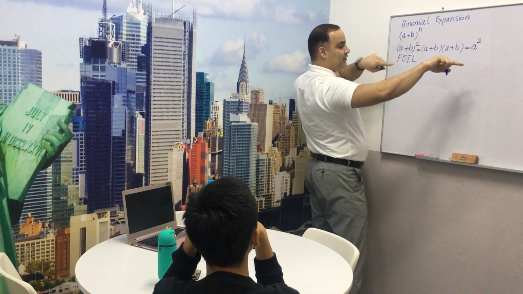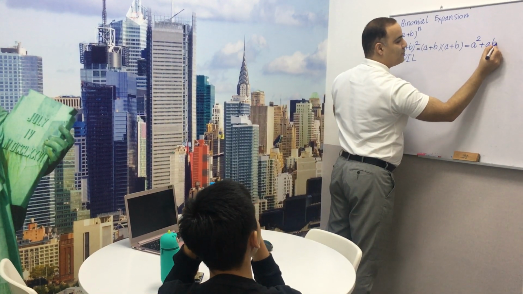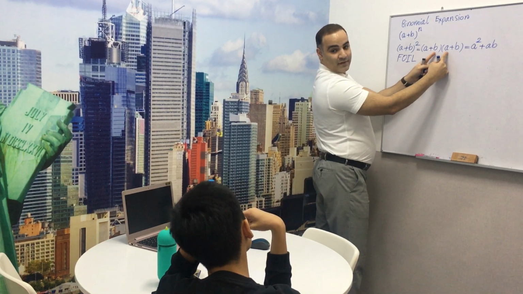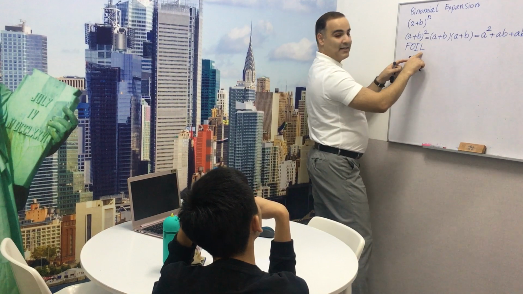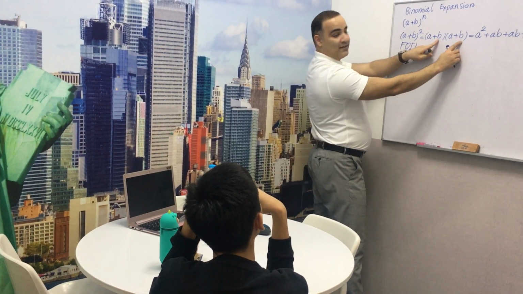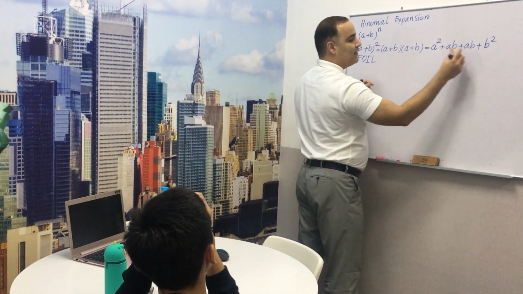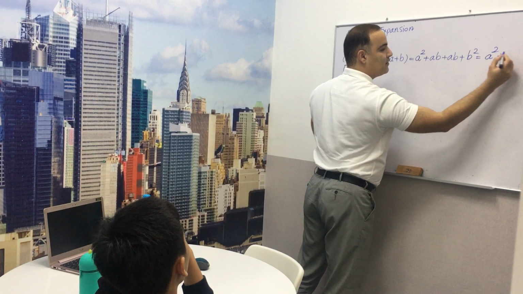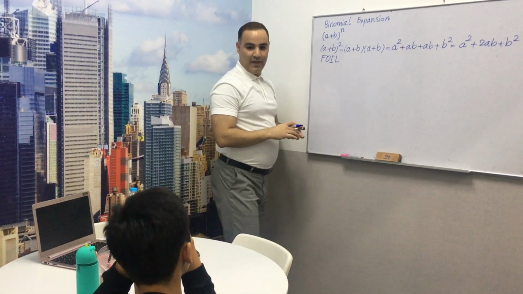A and B. So A times B. Then inners: A times B. And then lasts: B times B, B squared. And then we add the like terms: A squared plus 2AB plus B squared. Yeah, cool.